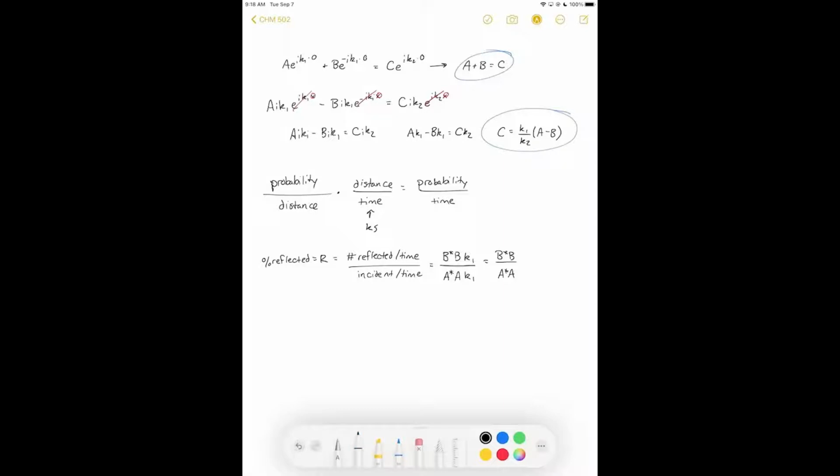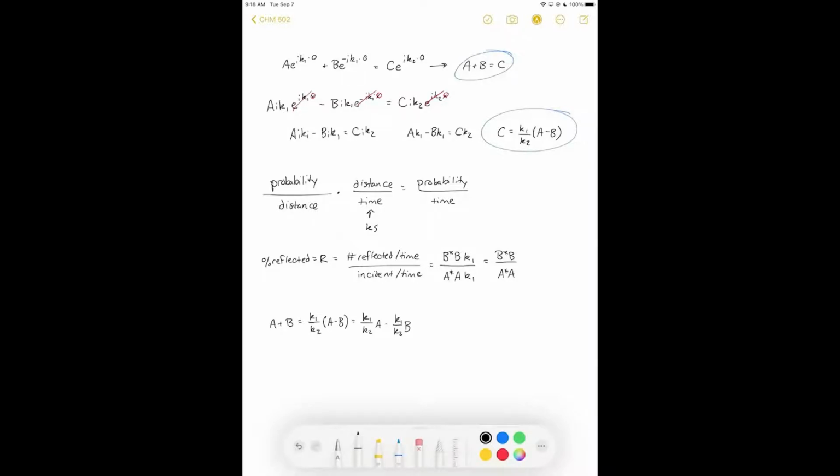By doing this, we get a plus b is equal to k1 over k2 times (a minus b). Another way we can write this is that it's equal to k1 over k2 a minus k1 over k2 b. So we're going to try to solve this for b.